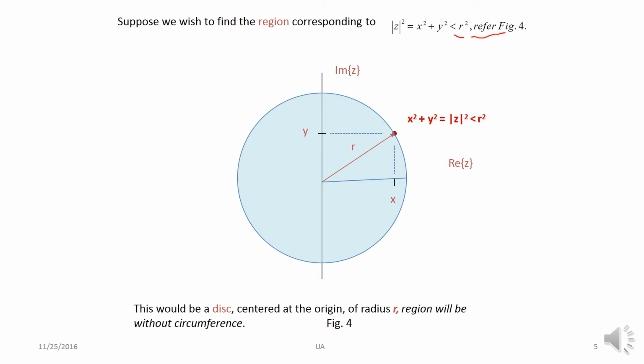So x square plus y square equal to mod z square is less than r square, and this would be a disk centered at the origin of radius r. The region will be without the circumference. If the inequality is that mod z square is less than or equal to r square, then this boundary will also come into the picture. We will consider this boundary also in our figure.